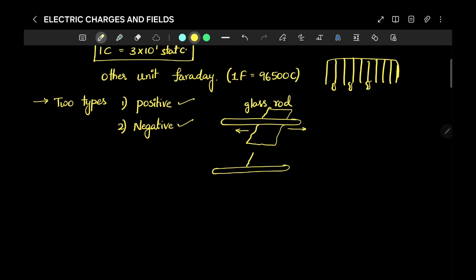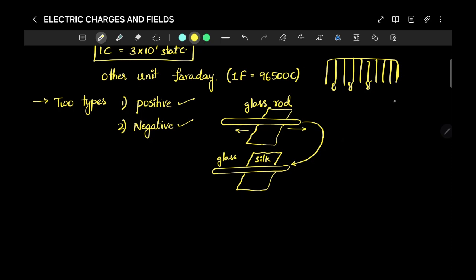Let us assume we are conducting the same experiment in two different ways, with the glass rod and silk cloth rubbed in both cases. After that you separate them. If you bring this glass rod near the other glass rod, they exert a force on each other to move away. That means they are trying to repel each other.